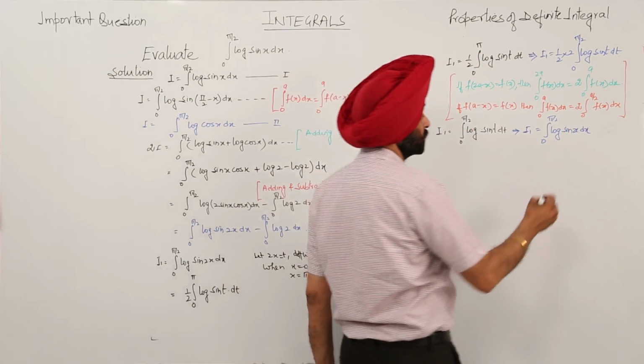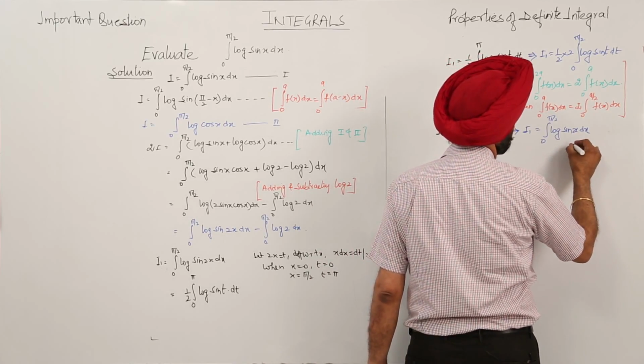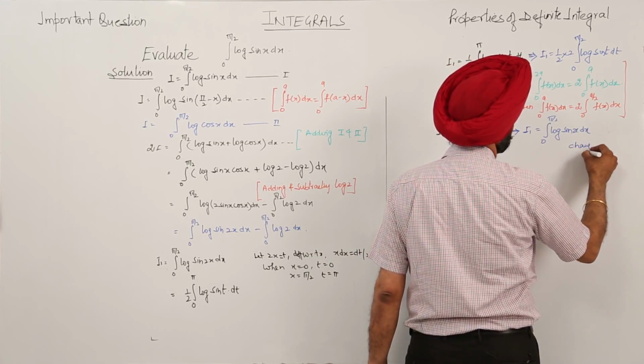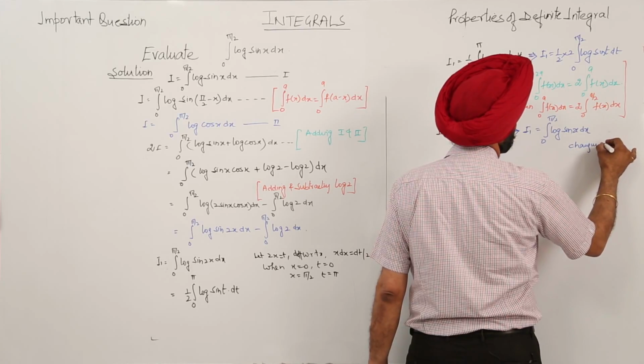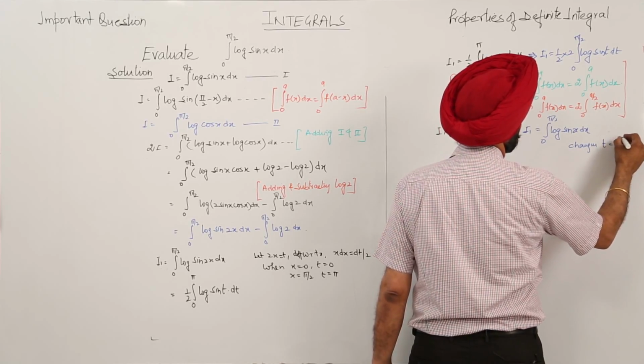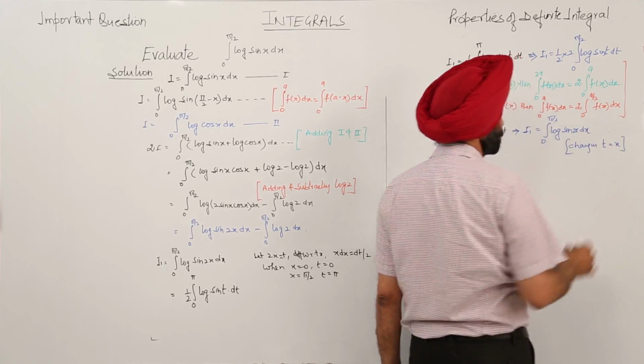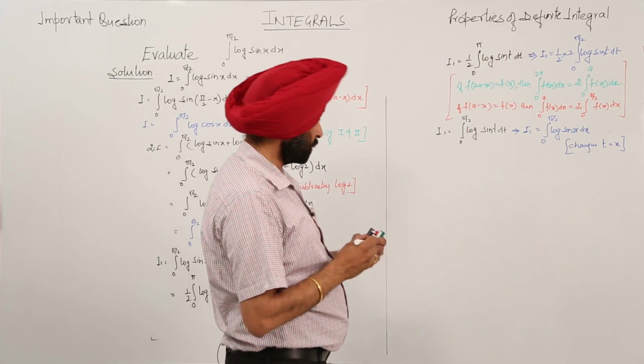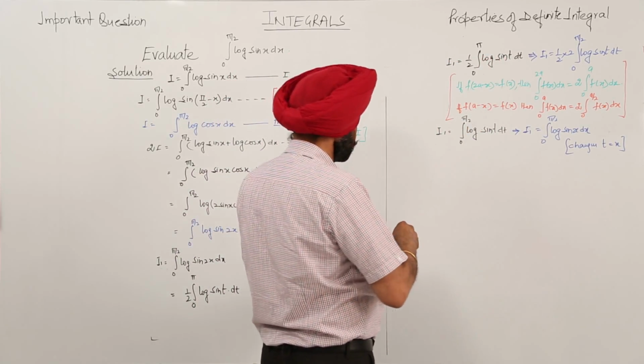Changing the limits, t is equal to x, that is property number 1.